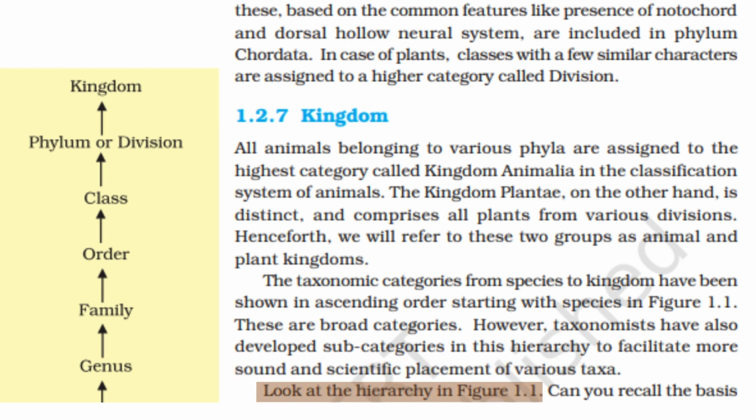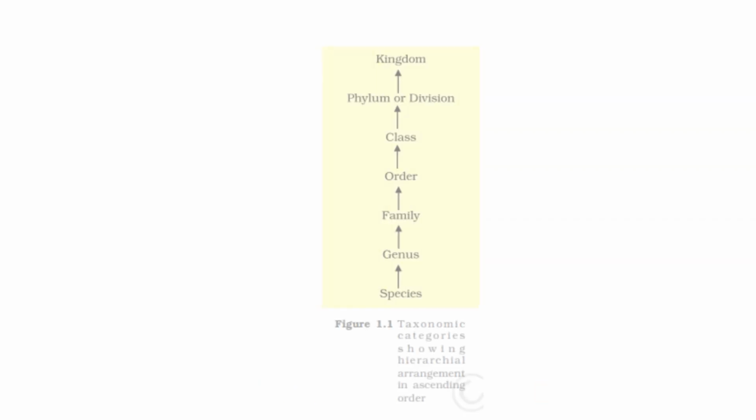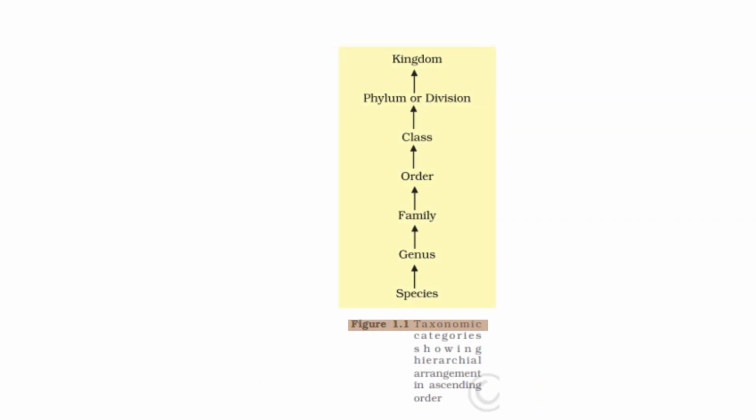Look at the hierarchy in figure 1.1. Figure 1.1. Taxonomic categories showing hierarchical arrangement in ascending order, starting with species, followed by genus, family, order, class, phylum or division, and finally kingdom.